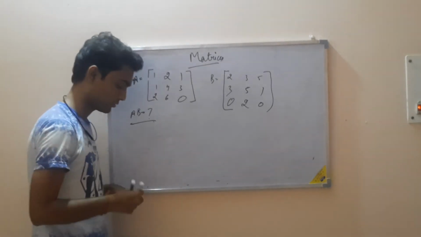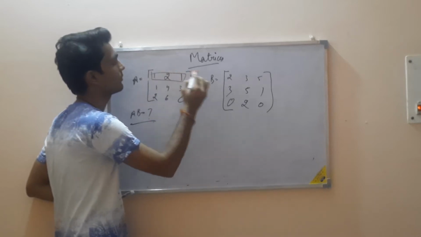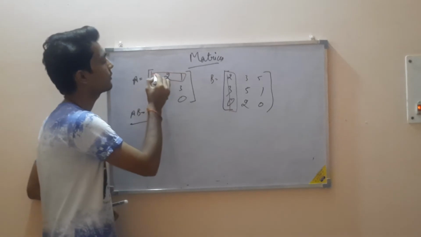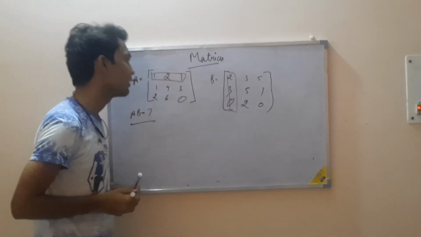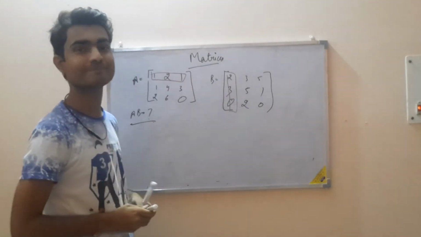For this row we will be multiplying it with this column for this position. Now try to think on your own. Pause the video and try yourself.